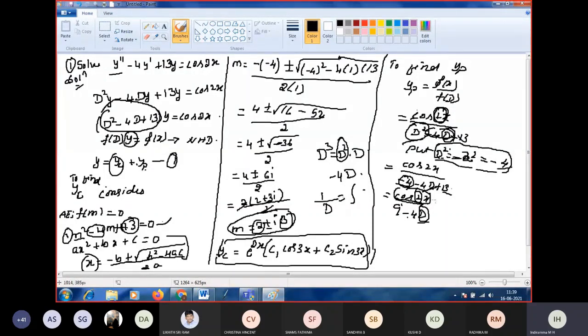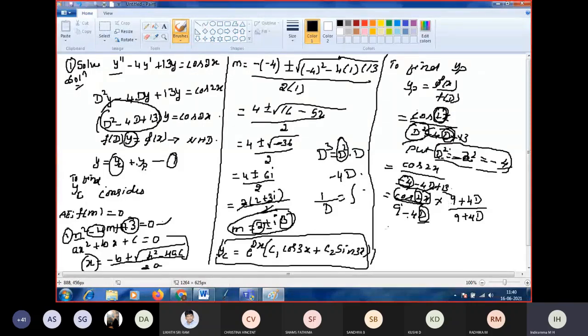For that, I am going to rationalize it. How to rationalize? Multiply and divide by the same term, that is 9 plus 4d by 9 plus 4d. If in the denominator we have a minus b, you have to multiply and divide by a plus b.